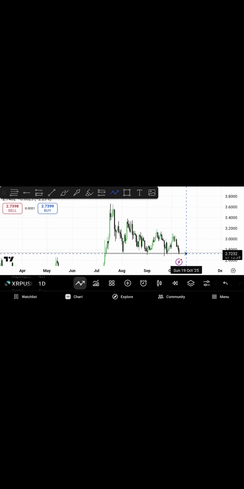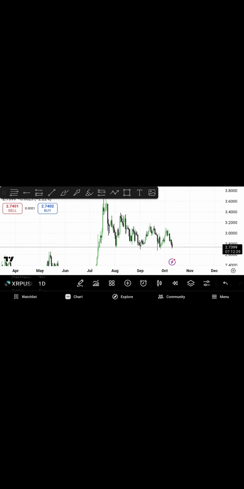Can you guys tell me which shape of pattern this is? Actually this is what we call, because the market starts from bullish, right? This is what we call a bullish falling wedge, right? Bullish falling wedge.